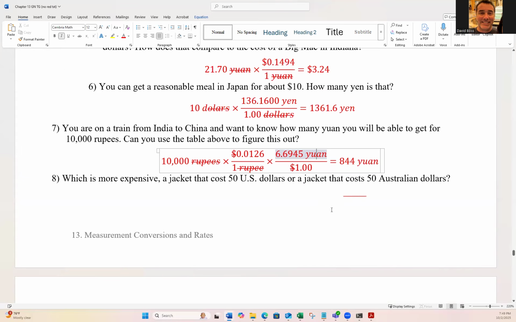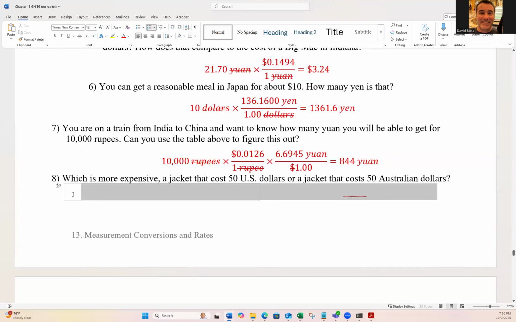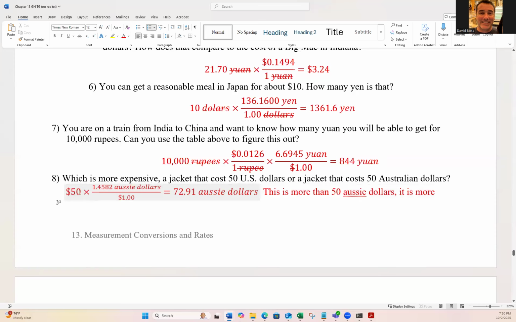All right, so which is more expensive, a jacket that costs 50 US dollars or a jacket that costs 50 Australian dollars? All right, so let's set this up. So $50 is 1.4582 Aussie dollars.